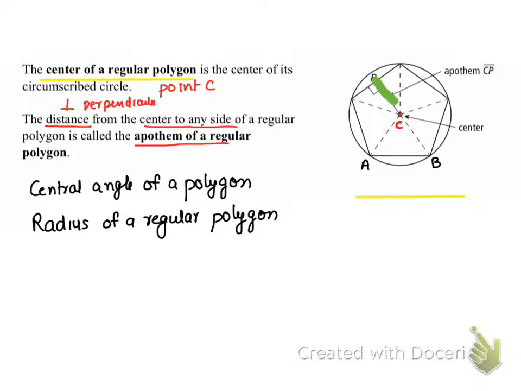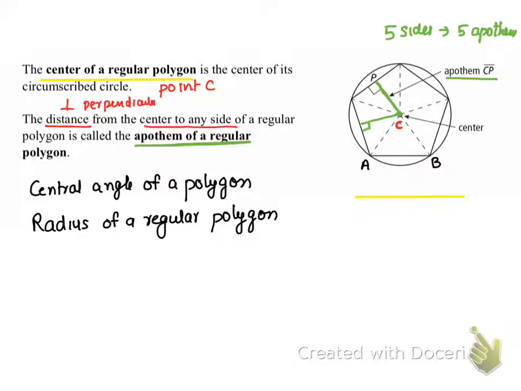Yes, that's going to be the perpendicular distance. That's the apothem, the apothem of any regular polygon. If I want to draw another apothem from the center, I have to drop a perpendicular, not any other line. It has to be perpendicular to the side of the polygon. Same way, in this case you have 5 sides, so you can have 5 apothems.